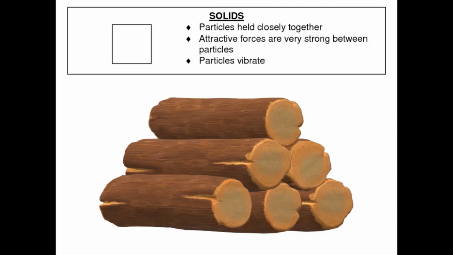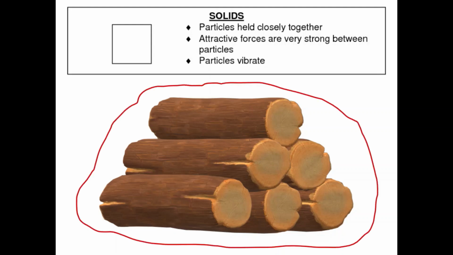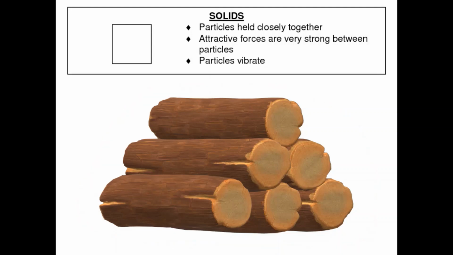Solids. So here's the characteristics for solids in states of matter. Basically, solids are particles held closely together. Attractive forces are very strong between particles, and particles vibrate. Okay, so I've got a photo here of some wooden logs to represent what the solid state of matter is, and it pretty much fits all the characteristics I just read.